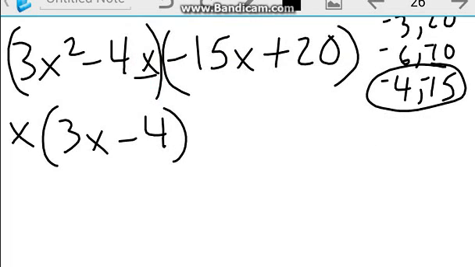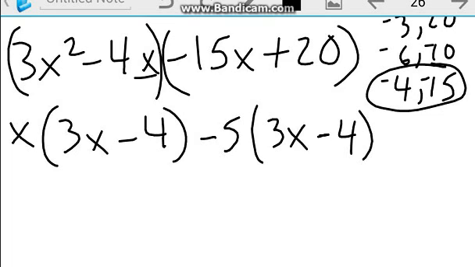If I factor out a negative 5, negative 15 divided by negative 5 becomes positive 3, so that becomes positive 3x. And 20 divided by negative 5, since a positive divided by a negative becomes a negative, gives me negative 4. So now the signs are exactly the same. We're in good shape. This works.